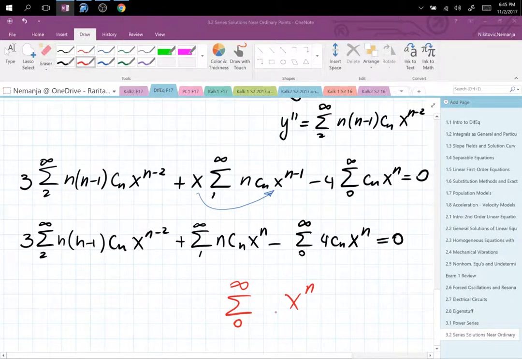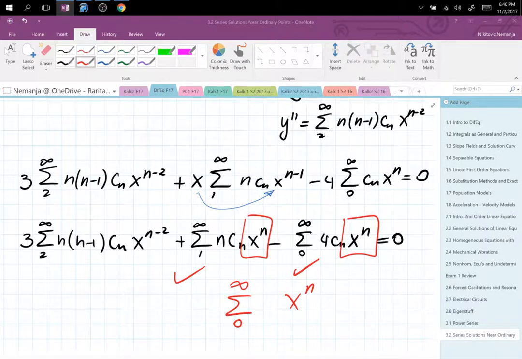Can I achieve that? And the answer is no. I cannot achieve that because I already have x to the n and x to the n that match with the different counters. Now that situation you can resolve by peeling off a single term here.